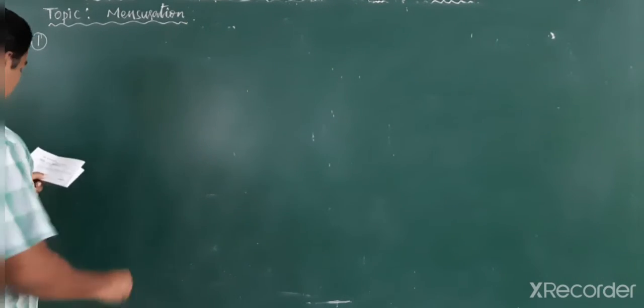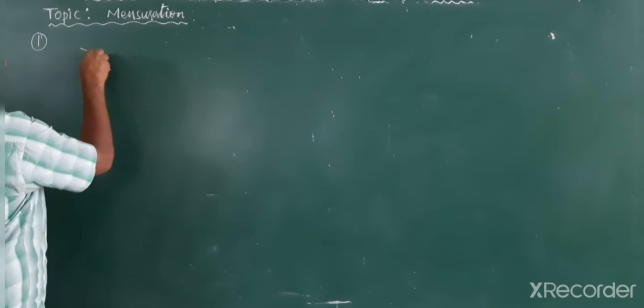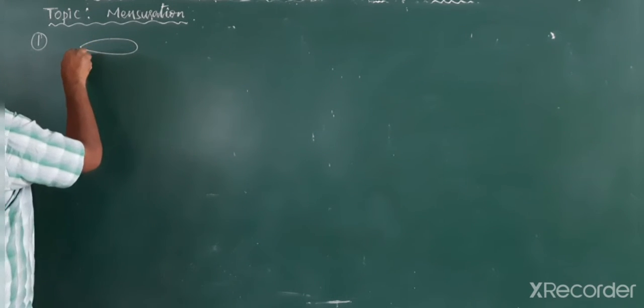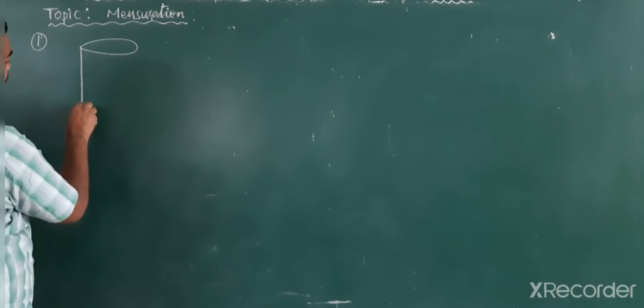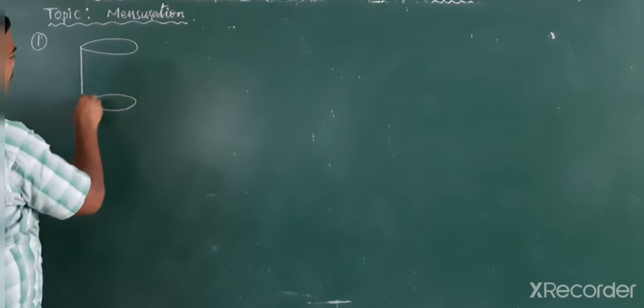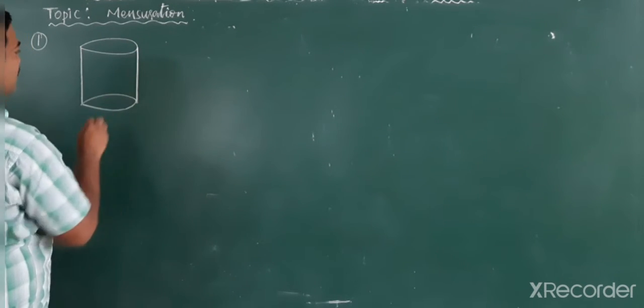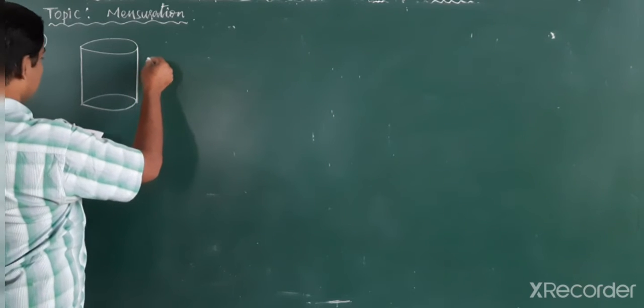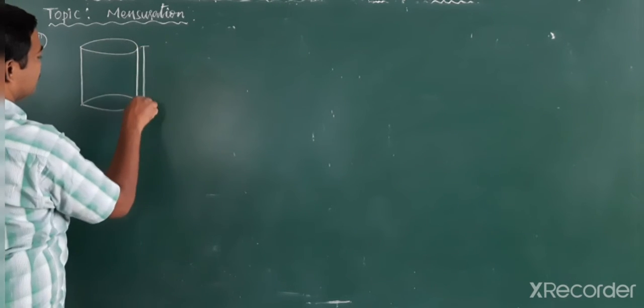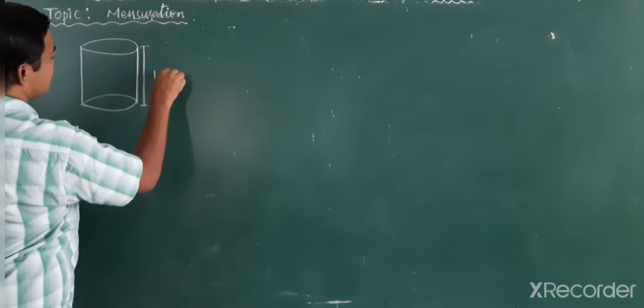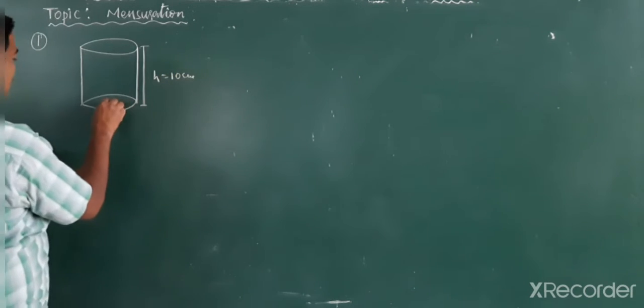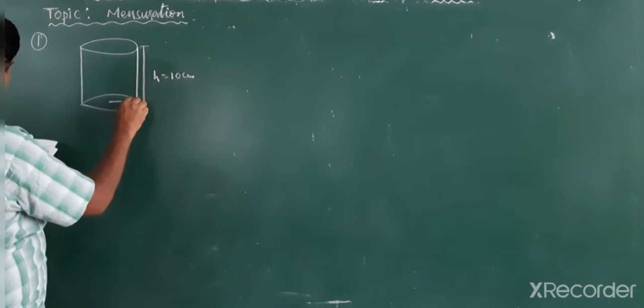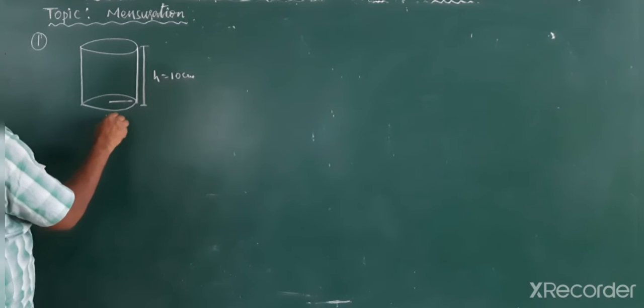See, the question is given. The height of the cylinder is 10 centimeters, H is equal to 10 centimeters, and the radius R is equal to 3.5 centimeters.